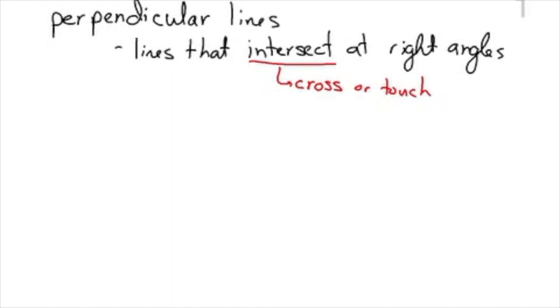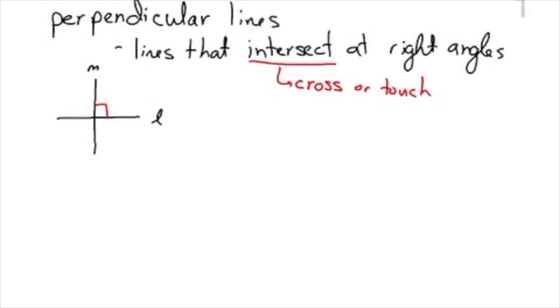And for perpendicular lines, those would be lines that look something like this. We'll label this one line L and this one line M. And usually what they'll do to mark these off is they'll put a little square in the corner, which is our indication that we have a 90-degree angle. So when we see that little square with the lines, we can say that line L and line M are perpendicular.